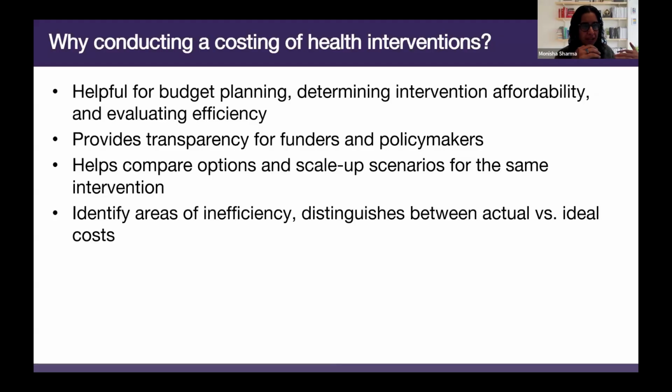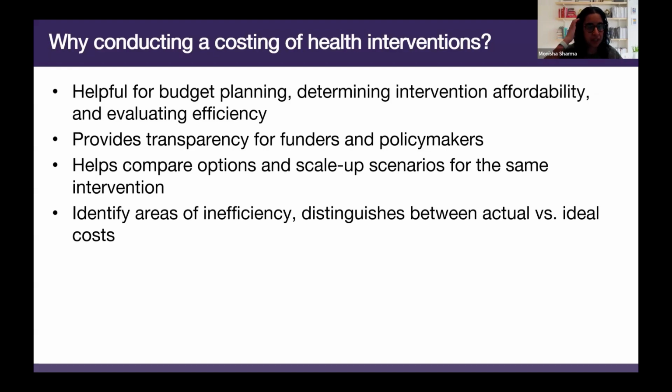So I wanted to start by thinking about why we conduct a costing of health interventions. This can be helpful for budget planning. So if you're trying to understand how you should structure your budget for the following years, you can also understand intervention affordability. So you can look at the cost of this intervention compared to others that you might be interested in implementing, or to the size of your budget overall to see how this would impact it.